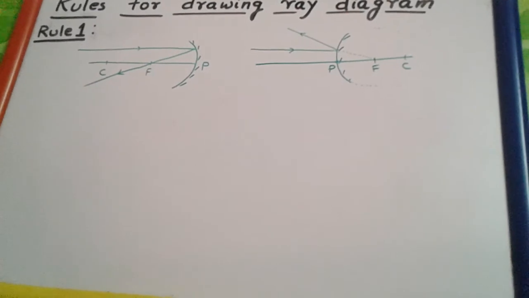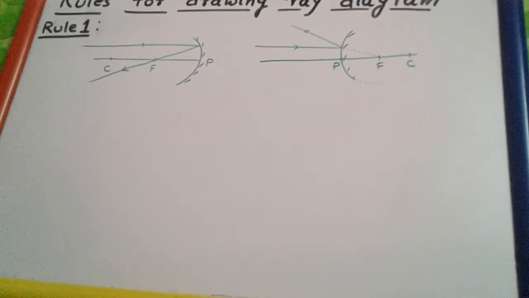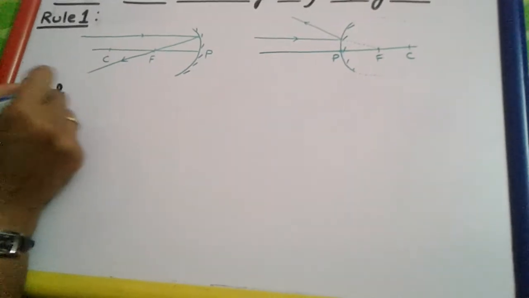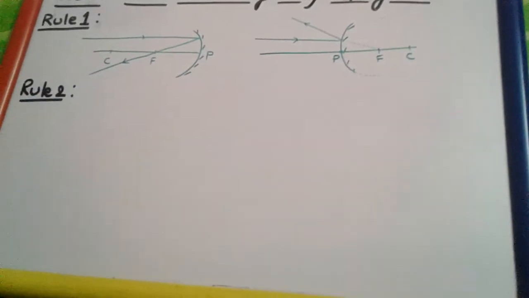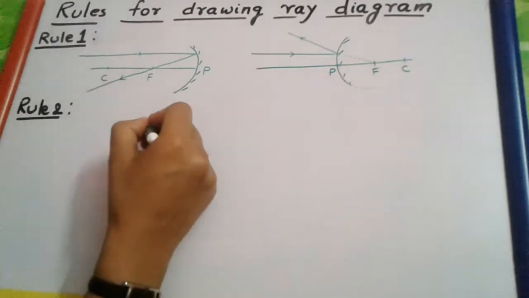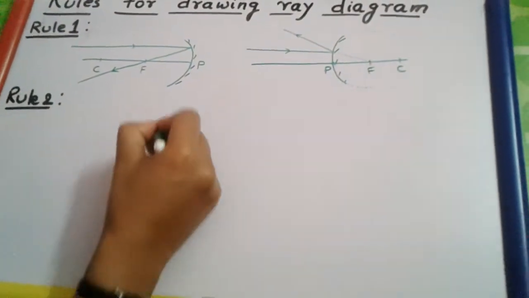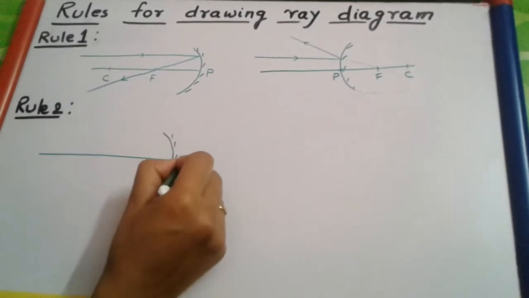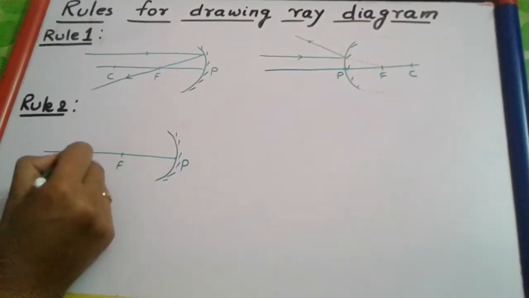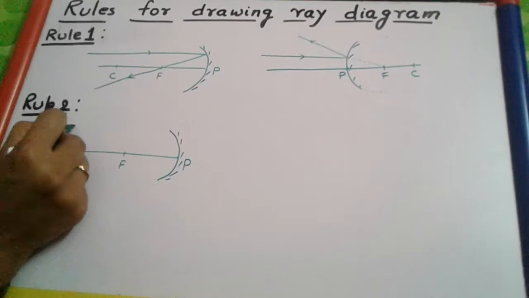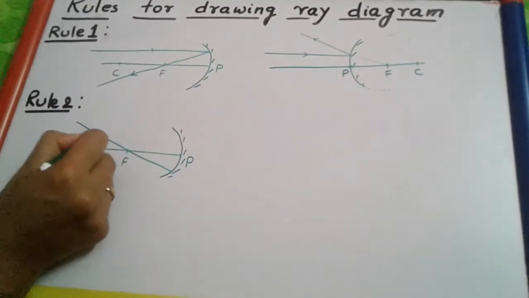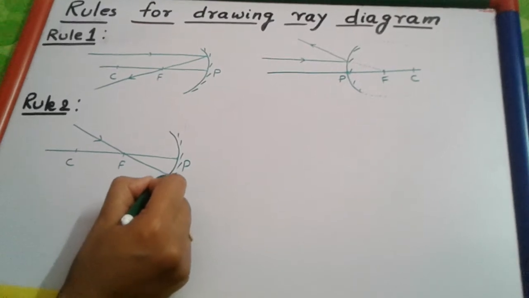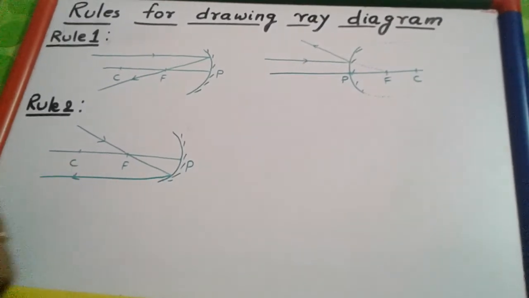The next rule is rule number 2, which says just the reverse of it. According to rule 2, if a ray is passing through the focus, this is an incident ray, then after reflection from this particular point, it becomes parallel to the principal axis.